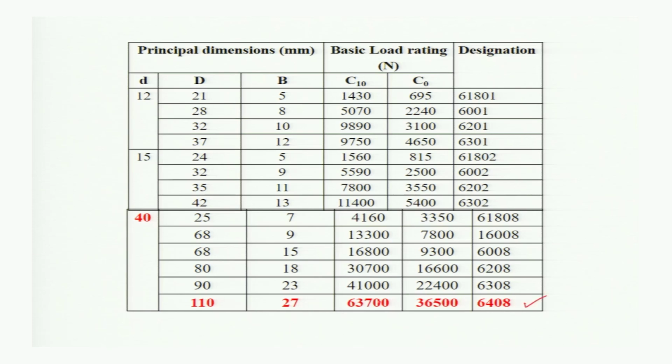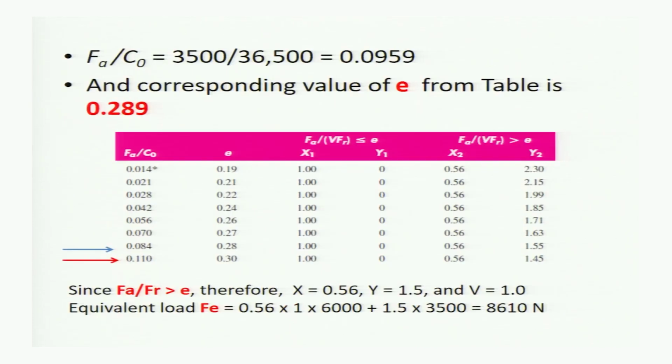These are the values. Then we got the value of Fa upon C0, which is lying between these two. So the value of e after interpolation is in between these, so 0.89, and the values of X and Y will be in between these. This will be 0.56 because it is constant, and this comes as Y as 1.5.